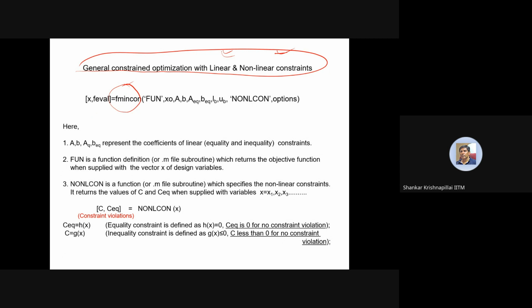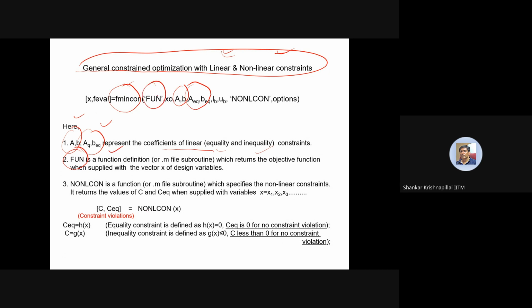Then A, B and A equality, B equality represent the coefficients of linear inequality and equality constraints. Then fun is the definition of the objective function.